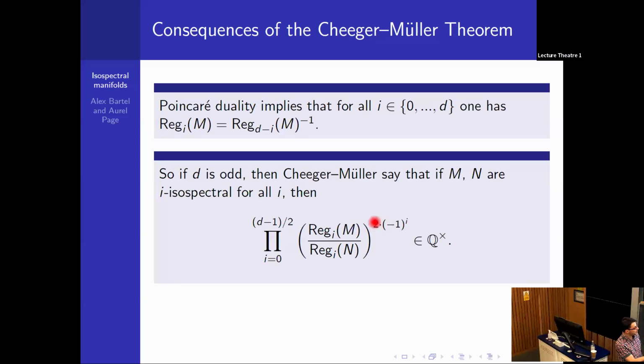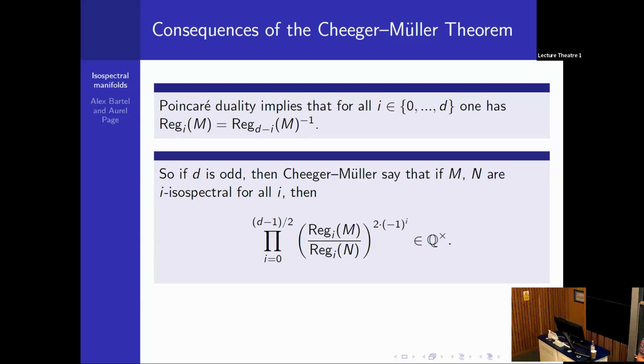And then I keep harping on about this, that the regulators were the only entities in that formula that are transcendental, and the rest were just integers. So you deduce that this alternating product, when you go to half the degree, but with a square, is rational. And this is supposed to be almost impossible, right?